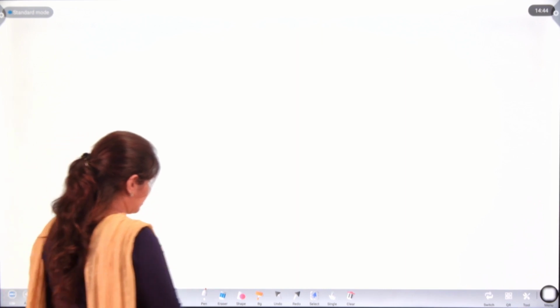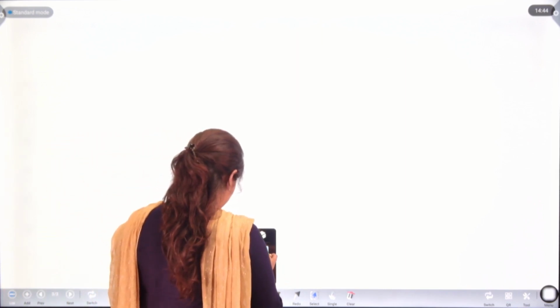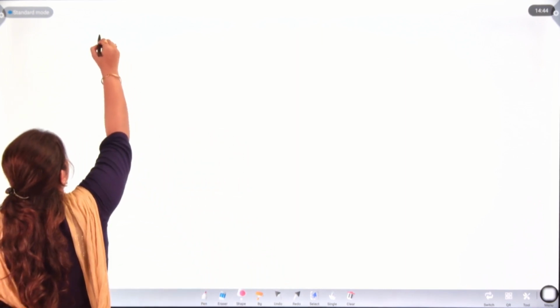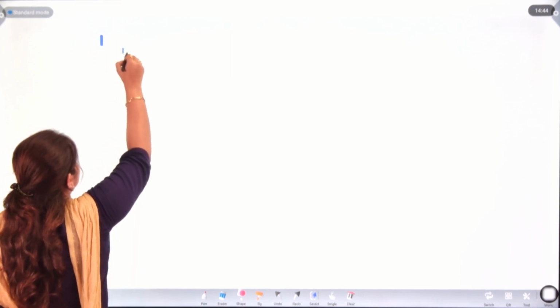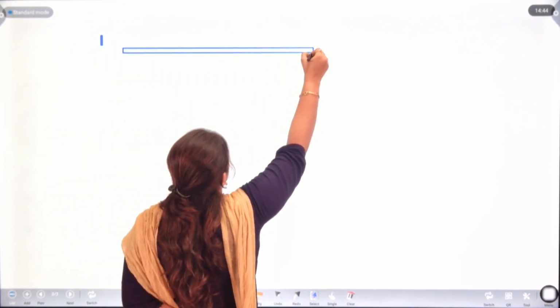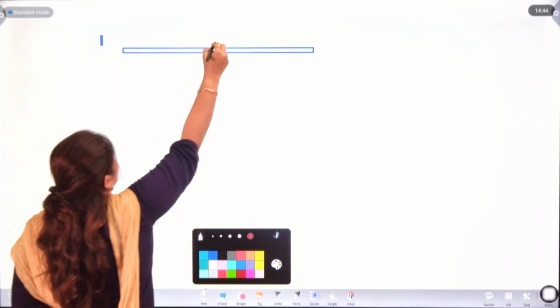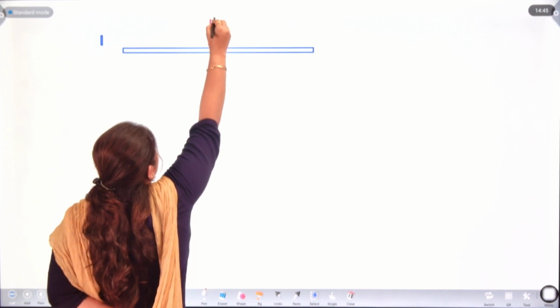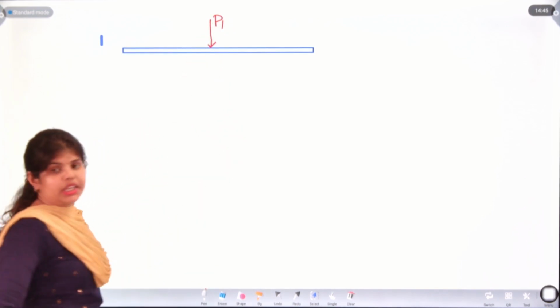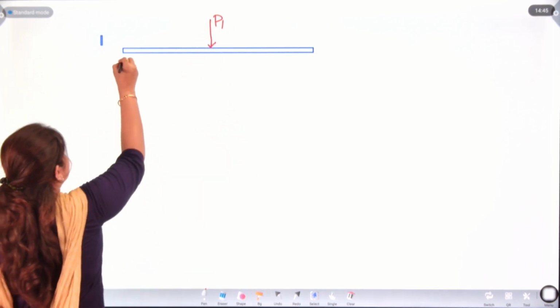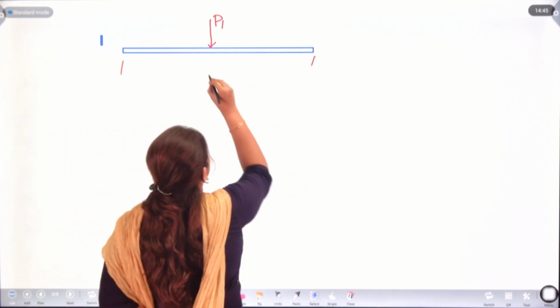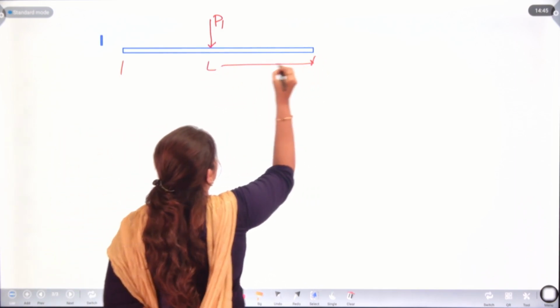So, to understand, let's have one simply supported beam, and here a point load, that is P. We need the length. The whole length is L.